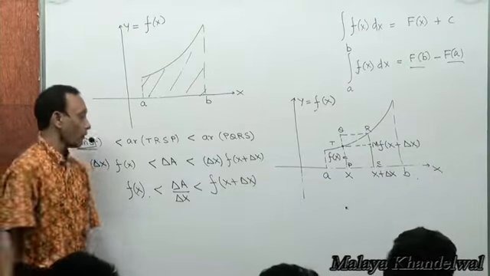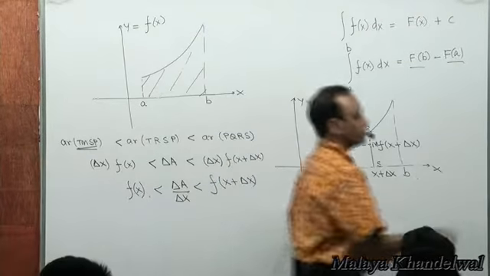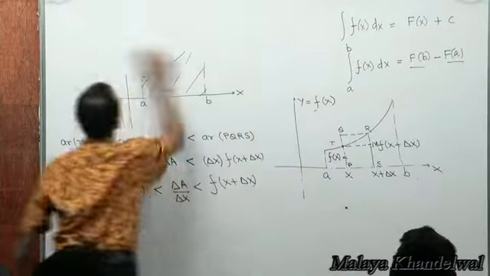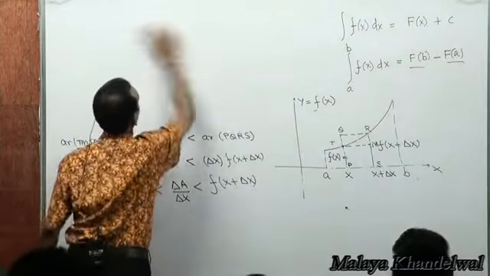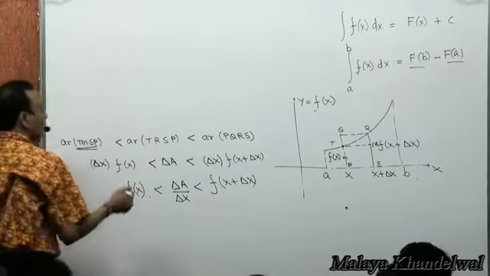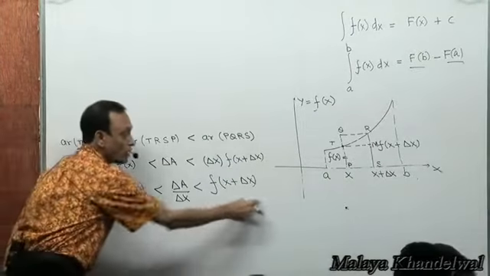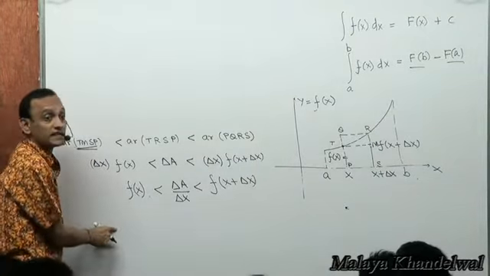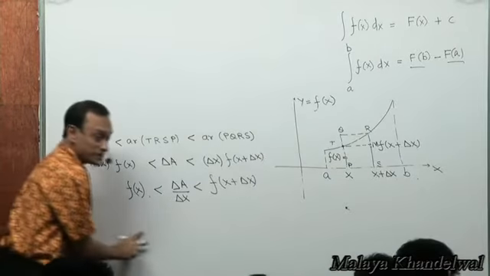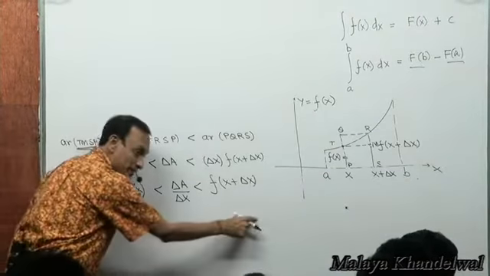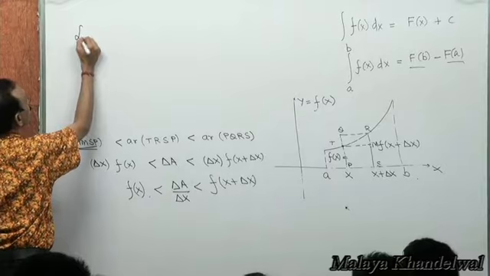And now let me take throughout the limit as delta x tends to 0.